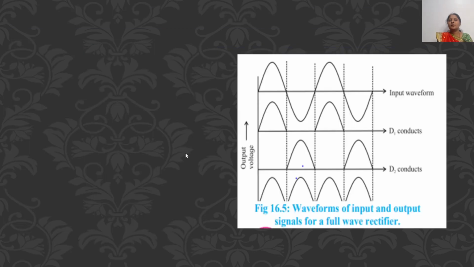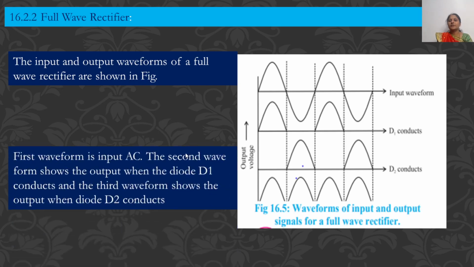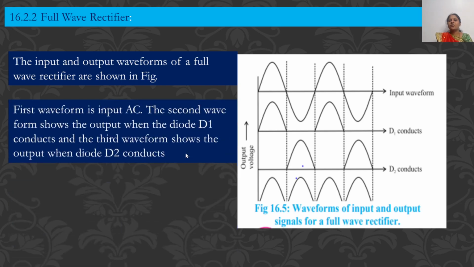As shown here, this is the waveform of the input and output signals of the full wave rectifier. The input-output waveforms of the full wave rectifier are shown in the figure. Firstly, the first waveform is the input AC.